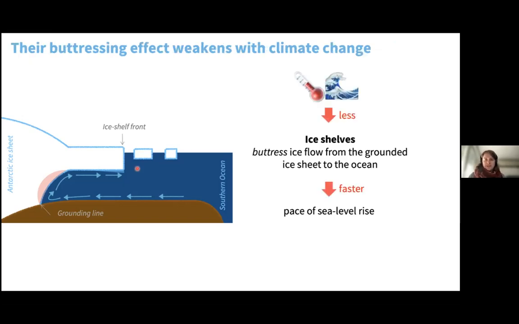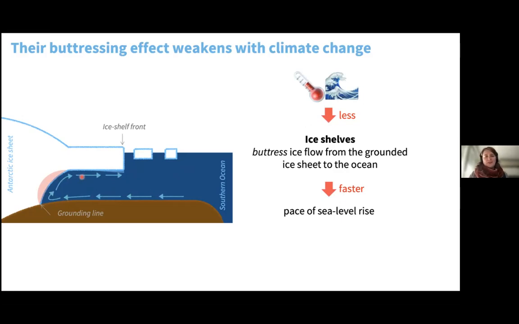With climate change, there is warmer ocean water that reaches the cavities below the ice shelves, so the ice shelves melt, thin and retreat, and therefore there is less buttressing of the ice flow from the grounded ice sheet to the ocean.